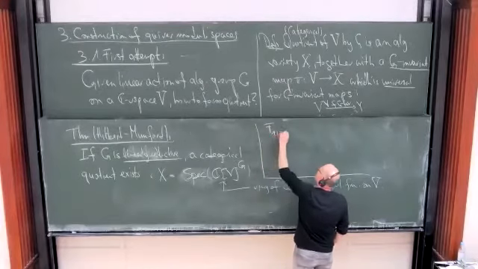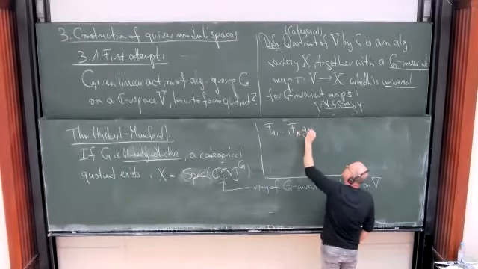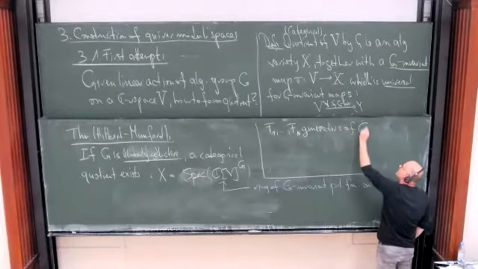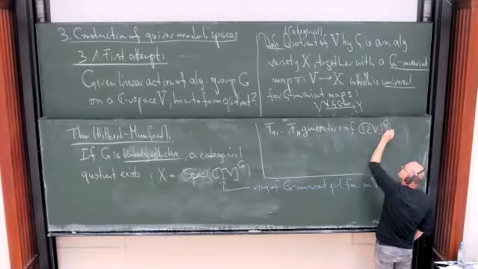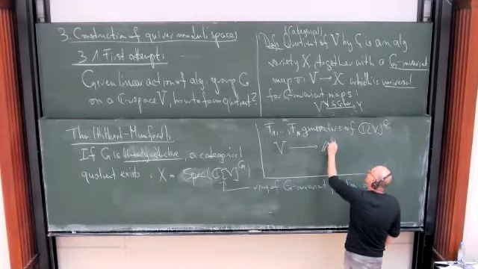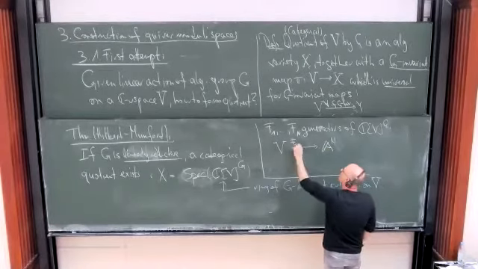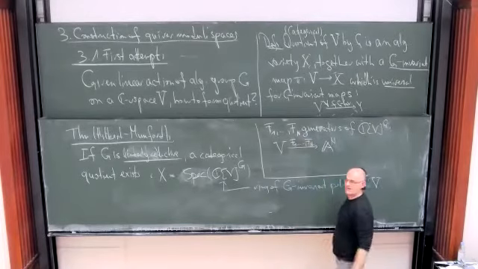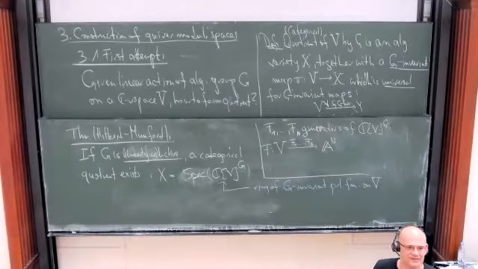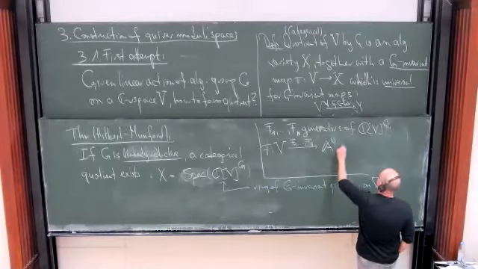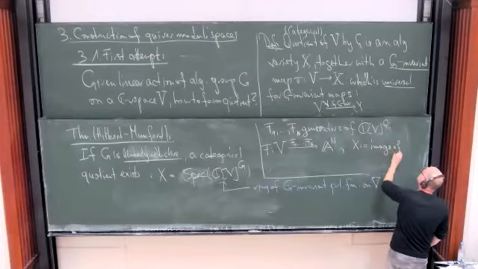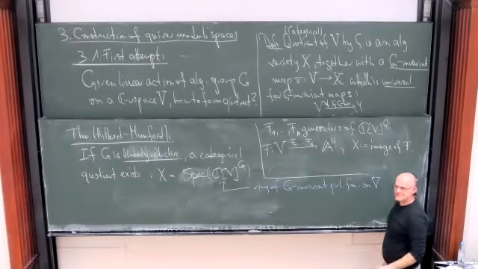So if F1 to Fn are generators of the ring of G invariant polynomial functions, you could just look at the map from the vector space to affine n space given in coordinates by F1 to Fn. Let me call this map F. And so the image of this map does the trick. This is how you could do it concretely.